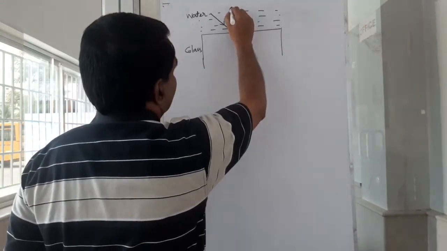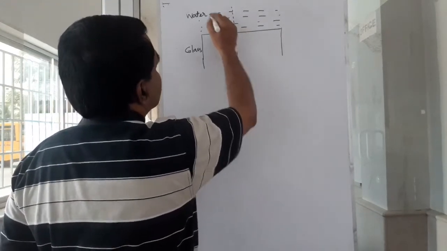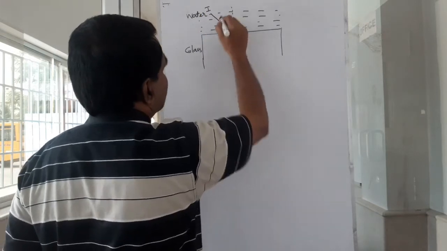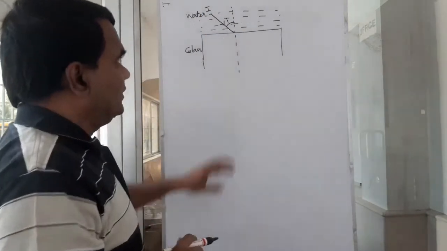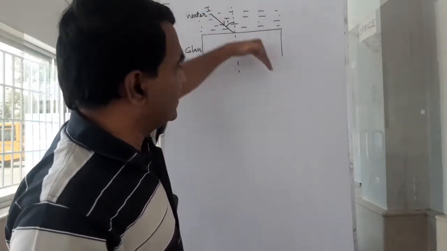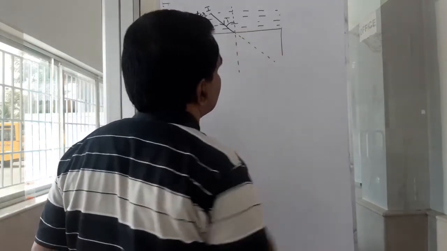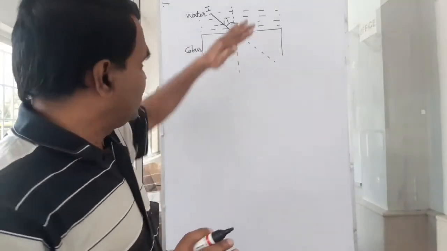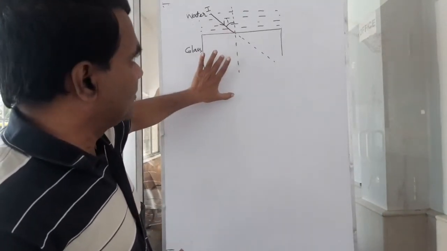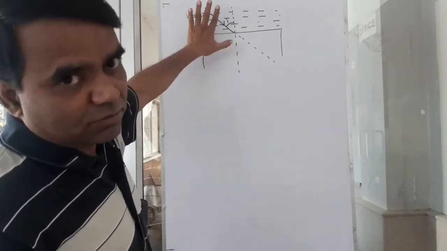And here I have the normal. So this is going to be the incident ray, and it will make an angle i with the normal. If glass were not there, if it was full of water, it would have traveled in a straight line, like this. But now you have glass, you are getting into a different medium, and this medium, glass, is denser than water.